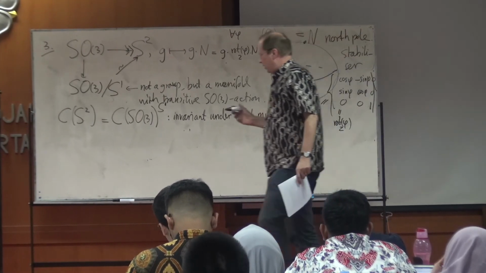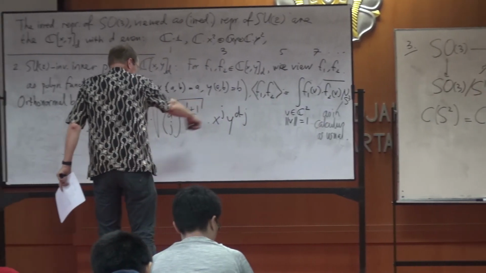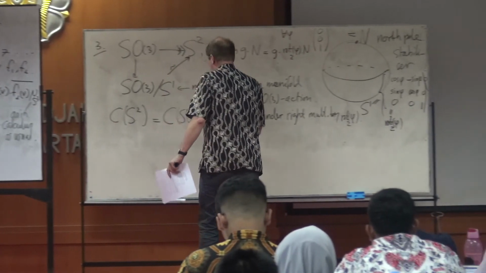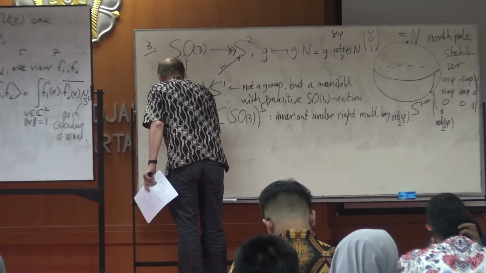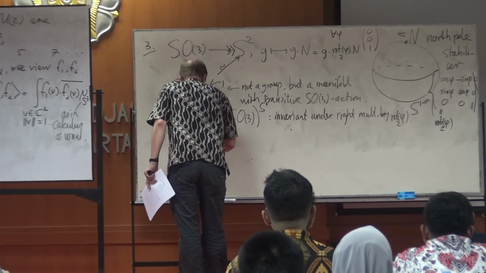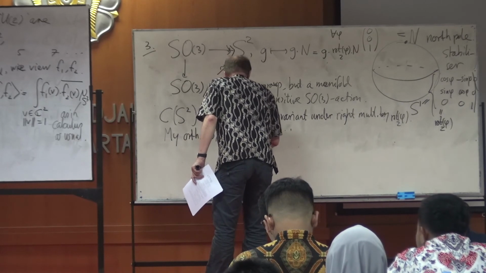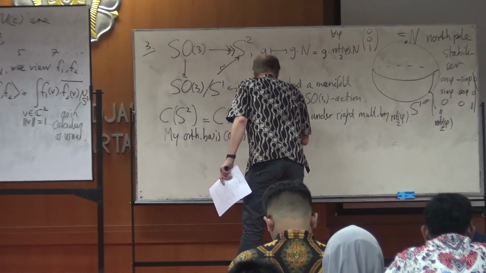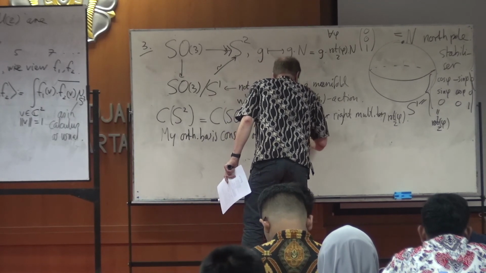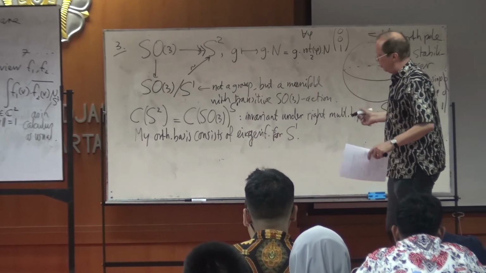And so, happily, I chose everything so that these functions are eigenfunctions for this action of this S1. So my orthonormal basis consists of eigenfunctions for this S1, if you choose all the things a bit right.